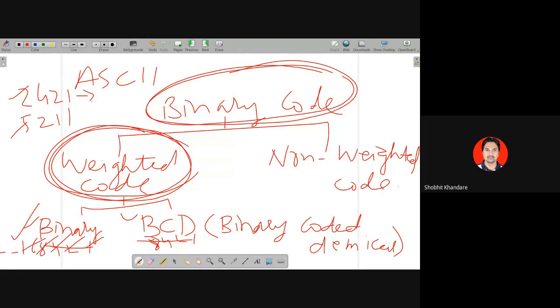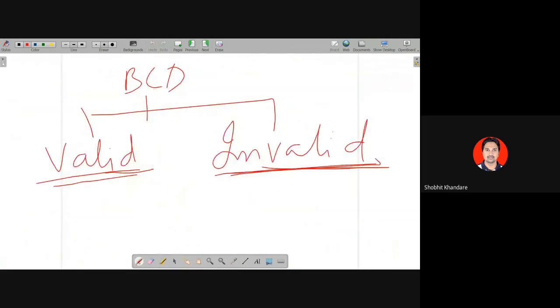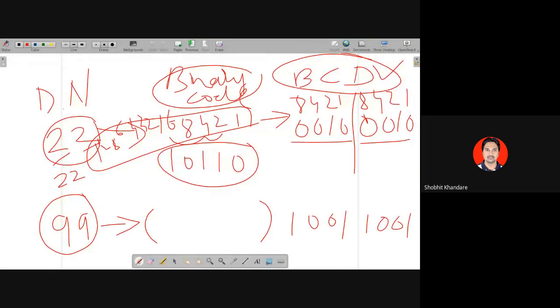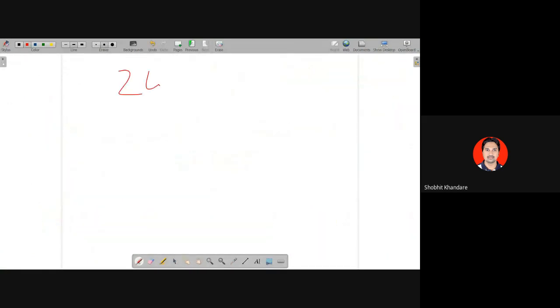Let me take a fresh page. If I use 2421 as a BCD code and I ask you to represent decimal number 3 in this code, can any of you tell me the BCD code for decimal number 3?